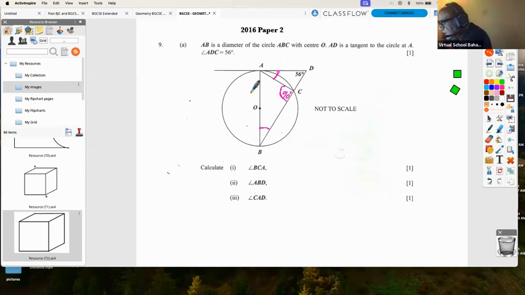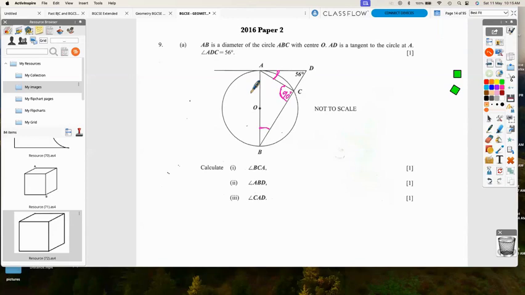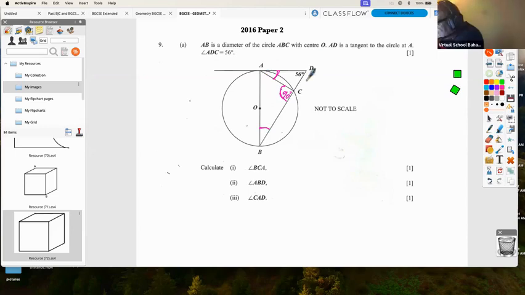How do we find angle ABD? We take away 56 and 90 from 180. And that will give us this angle here, right? Or we can do this, because we look at this whole right angle triangle here, right?